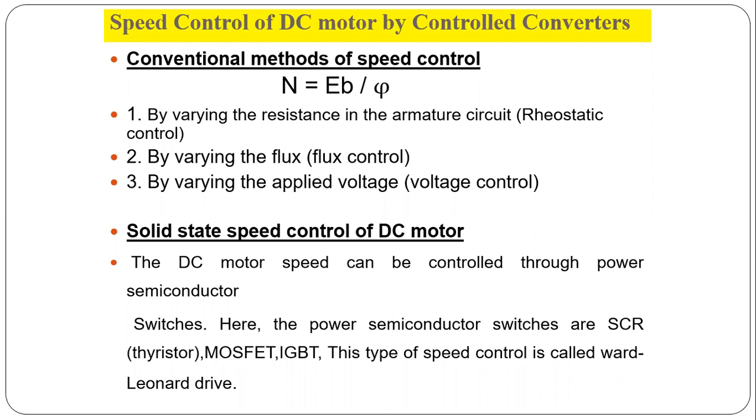As you know, previously the conventional method of speed control for DC motor drive was given by the formula N equals E_b divided by phi. That means we can vary the speed by varying the resistance in the armature circuit, that is rheostatic control, by varying the flux, that is flux control, or by varying the applied voltage, that means voltage control.